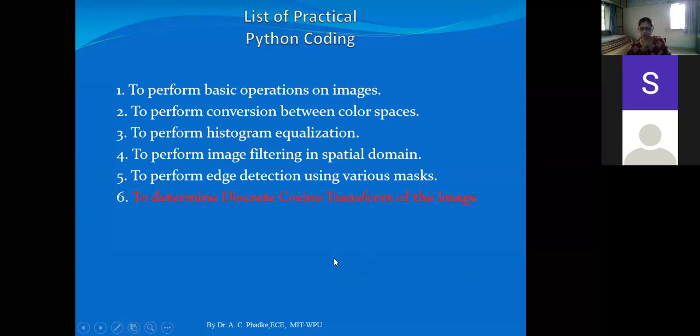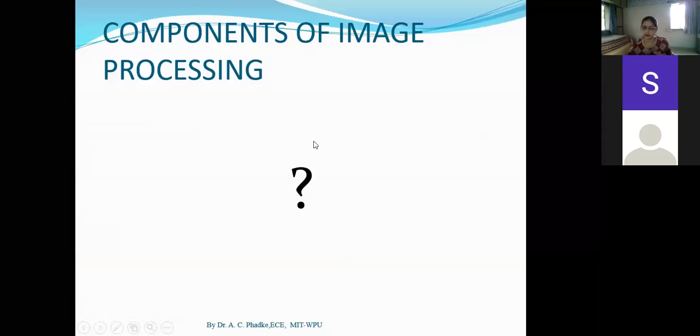So now, whenever we are using any image processing application, we need some basic components in the system. As you have mentioned, one of the applications is face recognition.